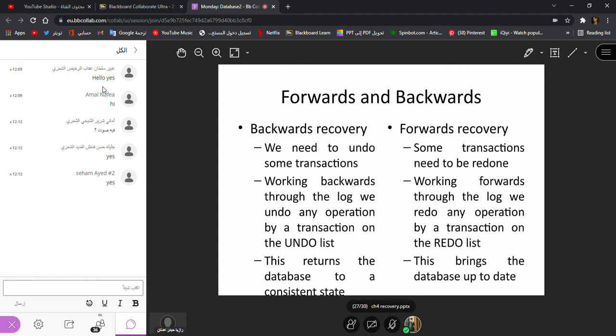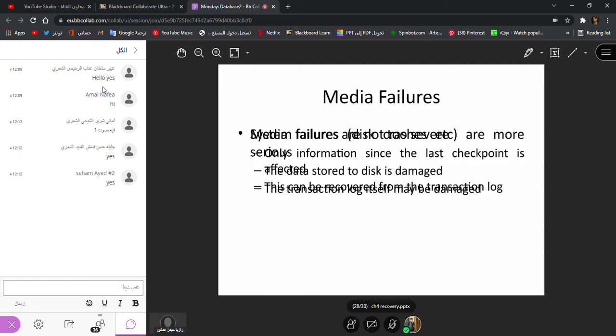Forward recovery brings your database to the updated position, and backward recovery will bring your database to the consistent state before the problem or before the system crash. So forward recovery is related to the redo, and backward recovery is related to the undo. You need to remember this difference between them.